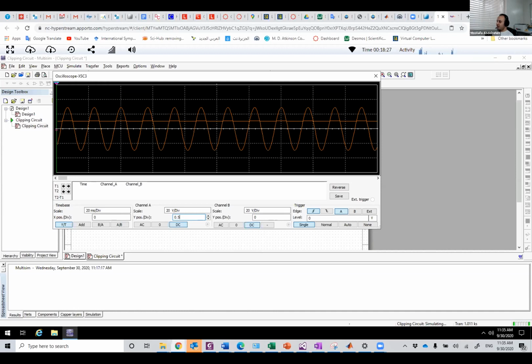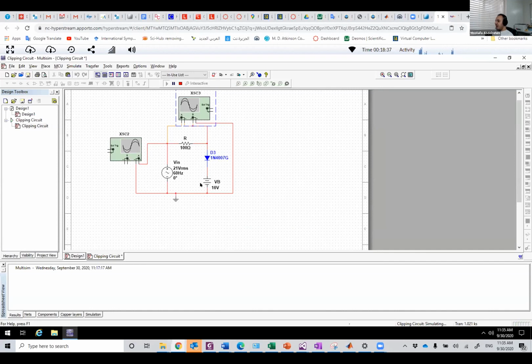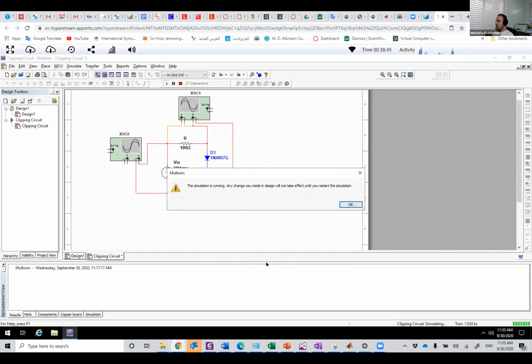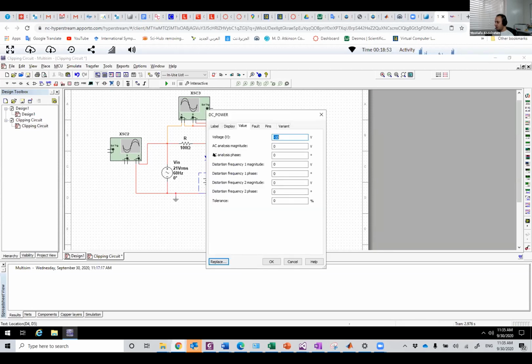So this part here just goes to the resistor, and the other part, this big part here, goes to the V output. Okay, enough with this. Now let's change VB. Of course, if you did the first one correct, then the other one will be correct as well. So let's do it first with 0 and see.